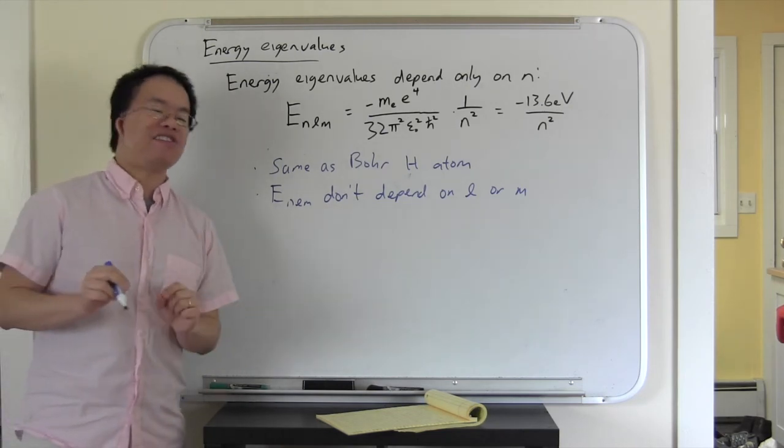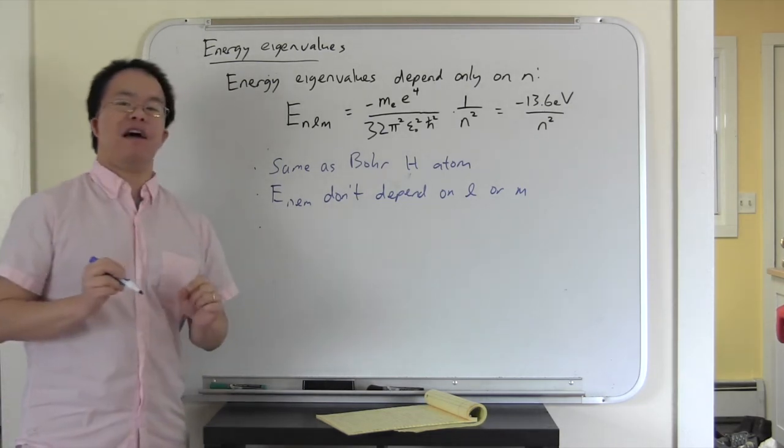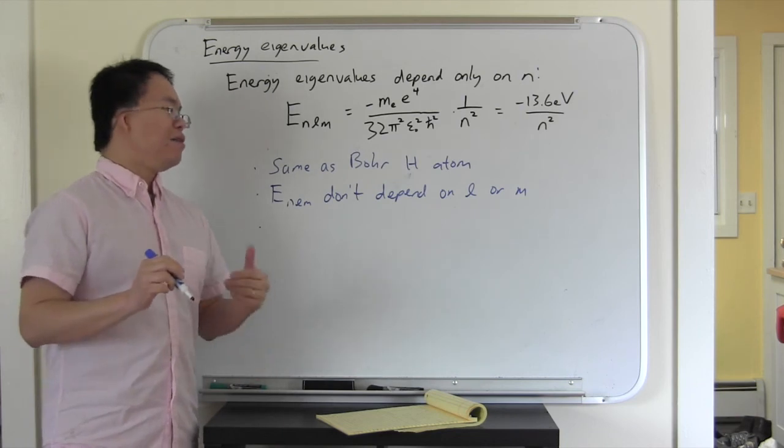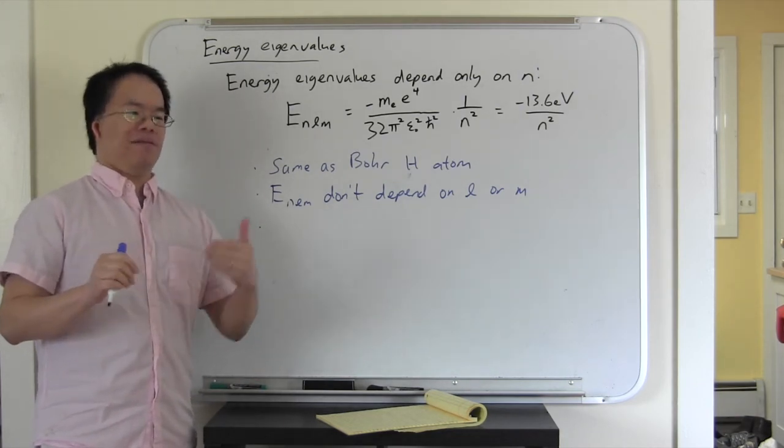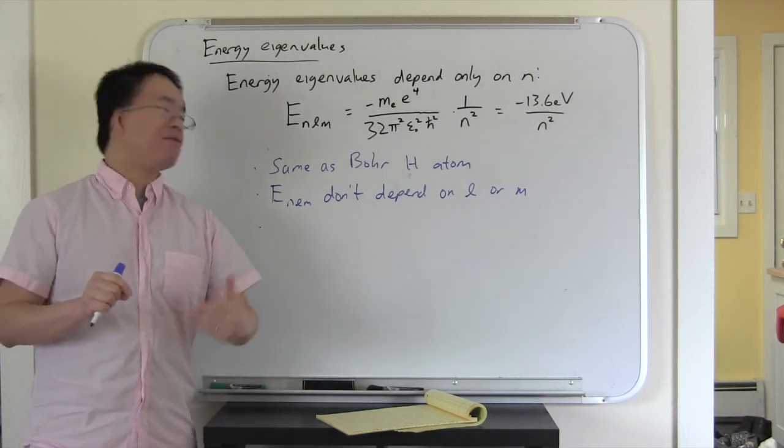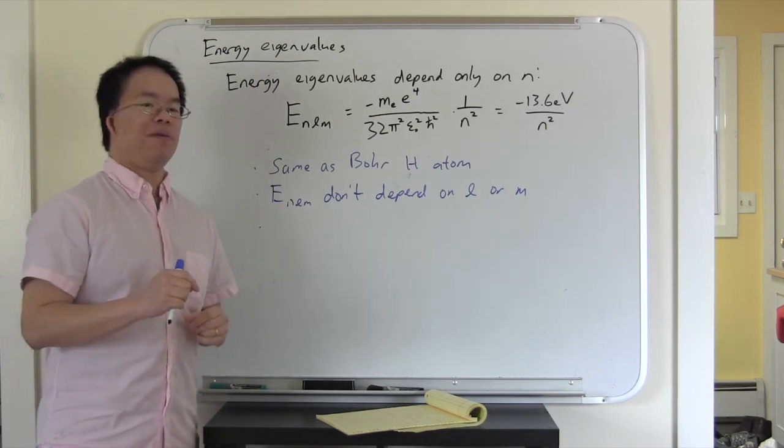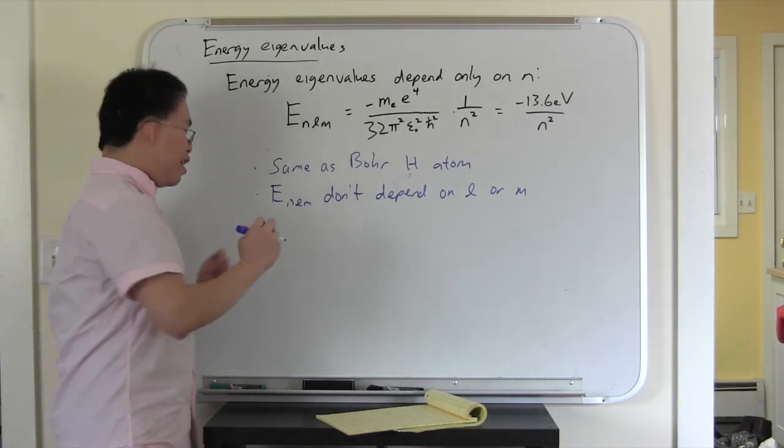Now we saw in the last segment and in the whiteboard exercise that, say for n equals 2, you can have multiple states that have n equals 2, but different values of L or m. This is an example of degeneracy.